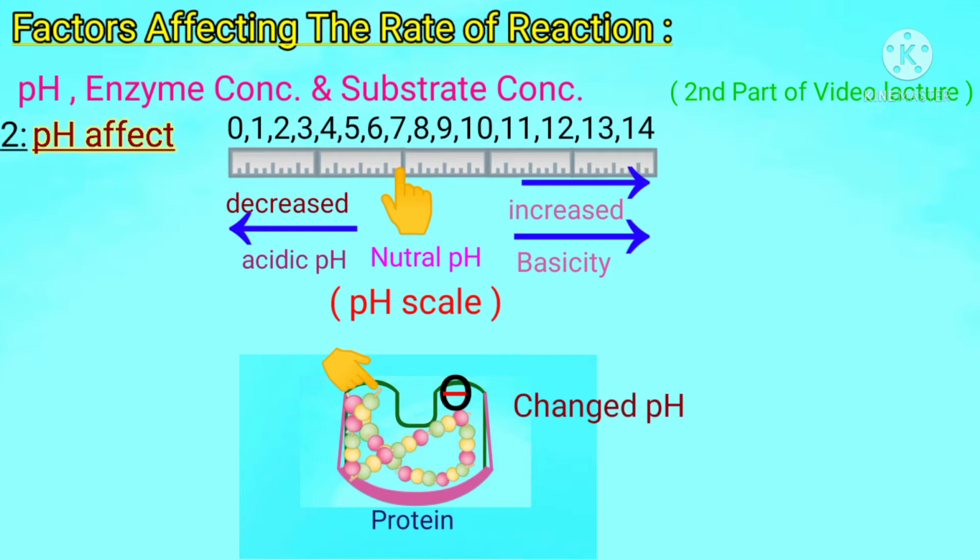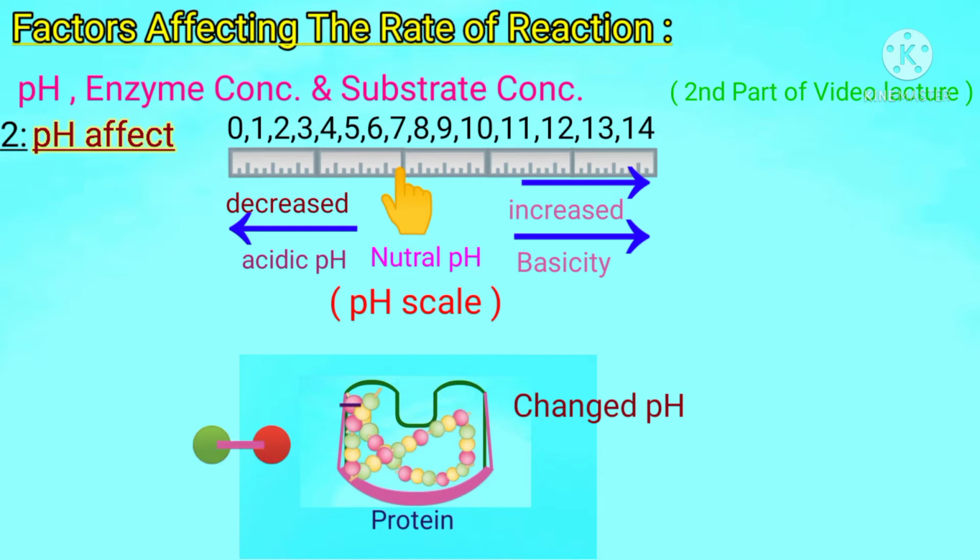Due to the presence of these bonds, students, the shape of the enzyme is organized, but these bonds may break due to the change of pH. Let's suppose this amino acid has a positive charge, but by changing the pH, this charge will be disturbed and will change to negative or neutral.